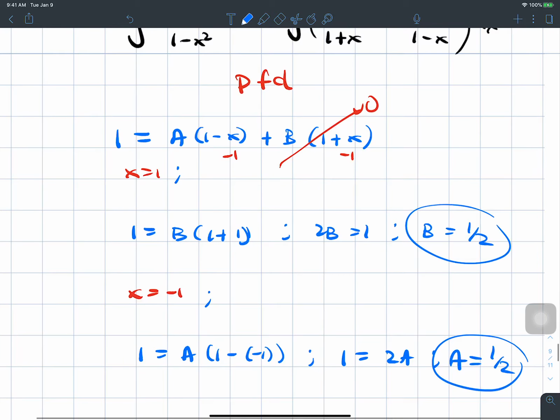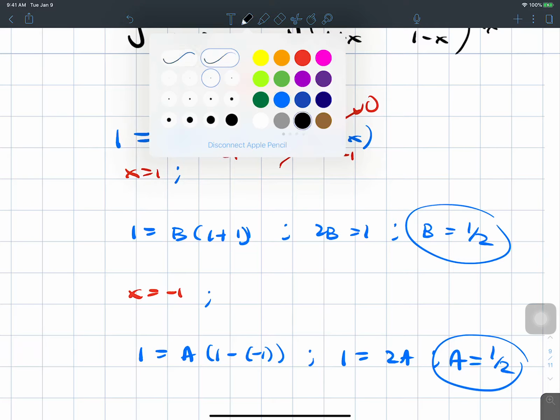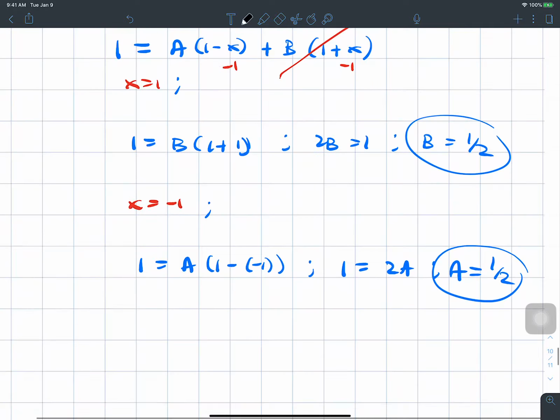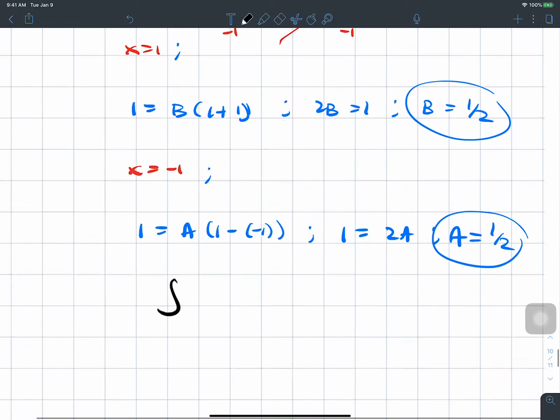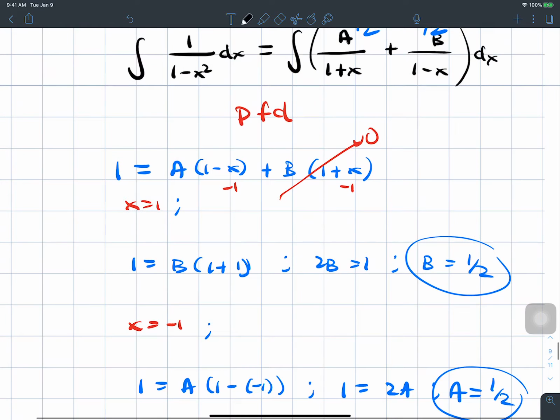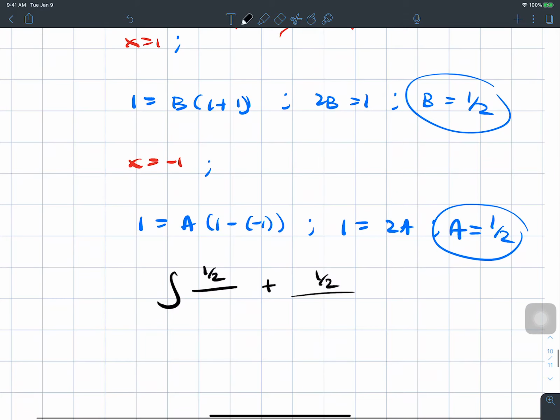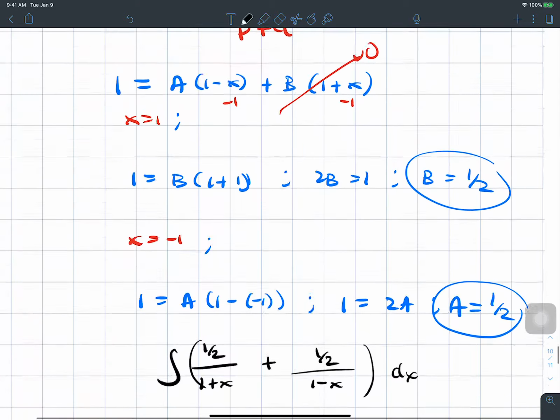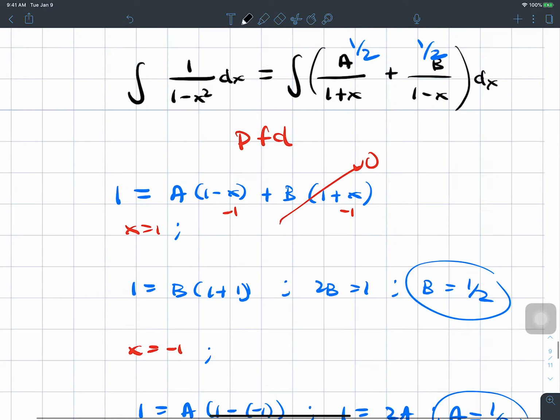So let's write this down. We have to integrate now. One half over plus 1/2 over, that's 1 plus x and 1 minus x. So let's remember, just checking this.